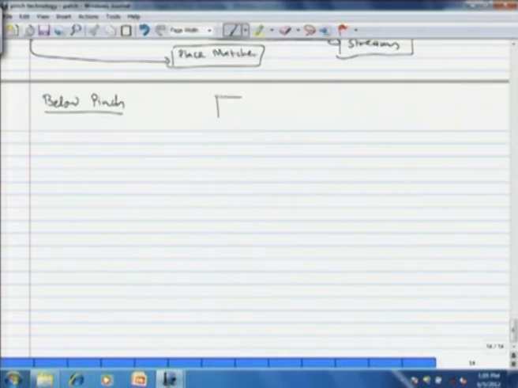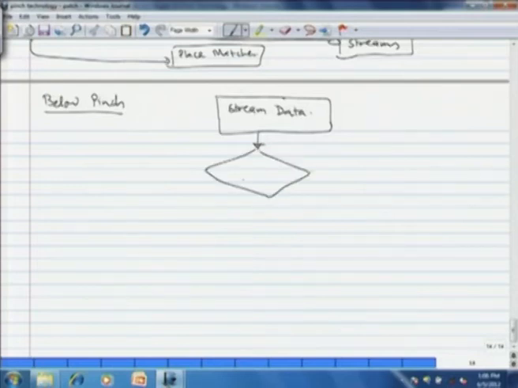You start with the stream data, then you check the stream population criteria, whether SH greater or equal to SC is satisfied.